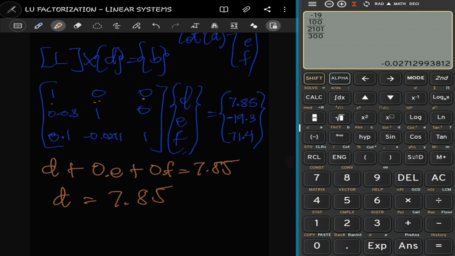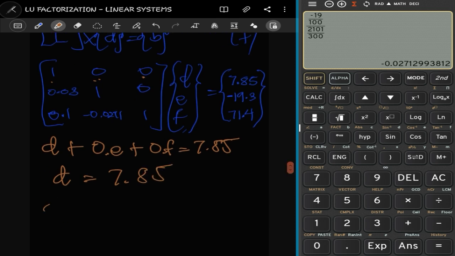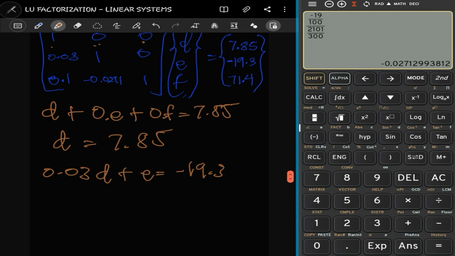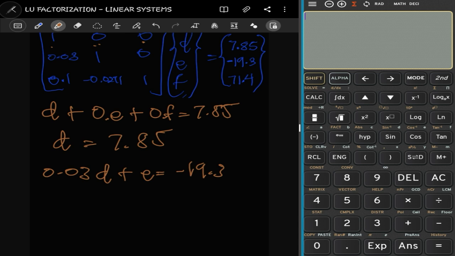So now we get the concept. We can do the rest straightforward. What we have here is 0.03 D plus E, because the other term is 0, we leave it out, and this is equal to minus 19.3, right? And with this, we can find our E. So 0.03 D, which we have already, that's 7.85, plus E, which we're trying to find, we make it X, equals minus 19.3.